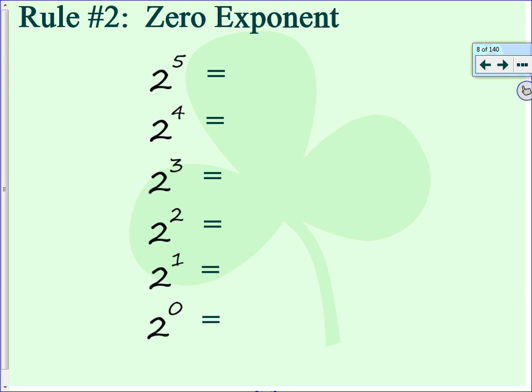Rule number 2 we're going to talk about is the 0 exponent. Ashley, can you give me a couple of these, like what 2 to the 5th, 2 to the 4th would be? Do you know what 2 to the 5th is?